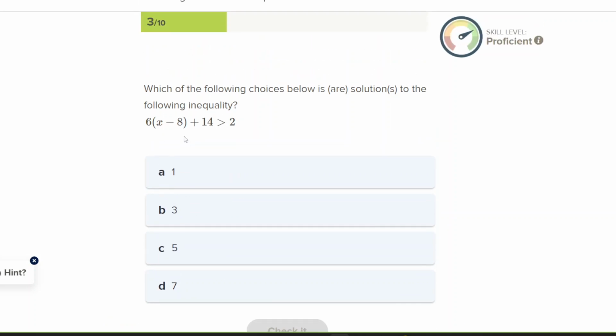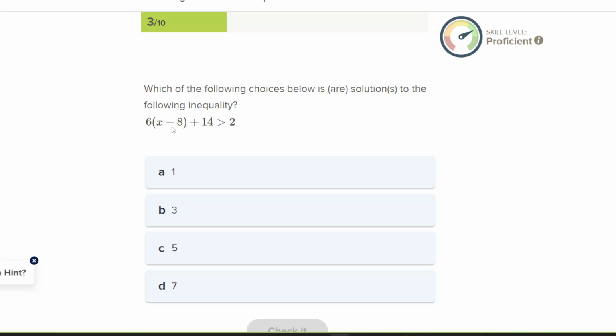All right, well, just like the last example, I'm going to just kind of read these off. When I plug in 1, right, x minus 8 is in parentheses, so I would do that first. 1 minus 8 is -7.